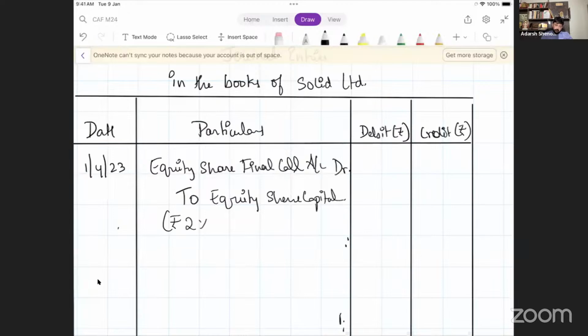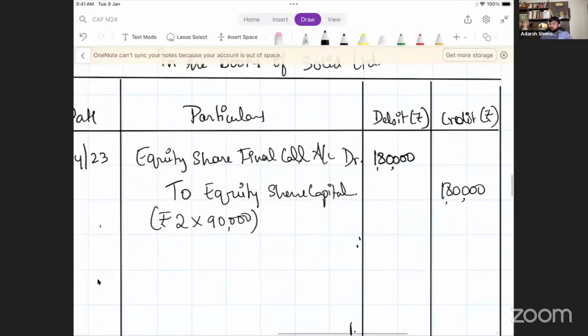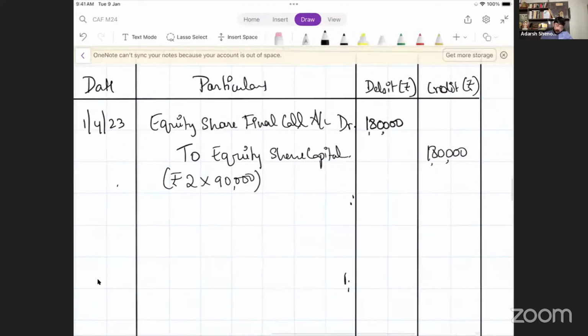Rupees 2 into 90,000 shares, which is 1,80,000. The share is 10 rupees, and 8 rupees was already collected; 2 rupees was outstanding. So that 2 rupees we have now called from the shareholders of 90,000 shares, being final call money due.